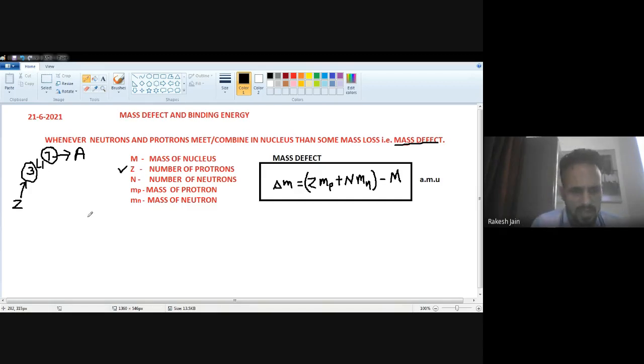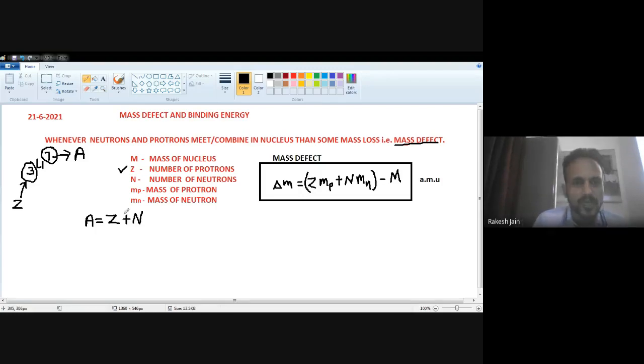So A is equal to Z plus N. Whenever you solve any numerical, like lithium, beryllium, boron, helium, remember the left hand side subscript shows the number of protons, and the right hand side upper term shows the value of A, that is, number of protons plus number of neutrons. So we can easily calculate N. N is equal to A minus Z.